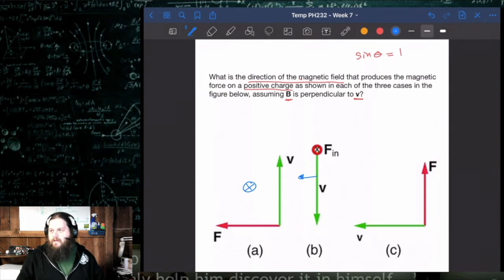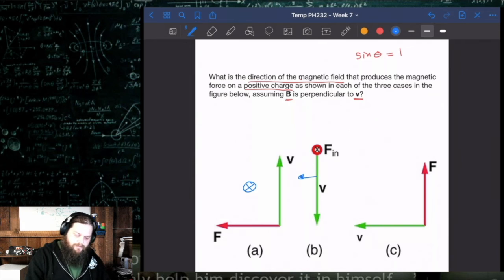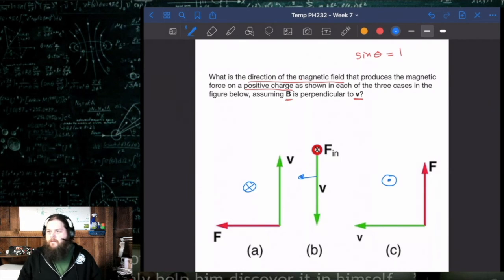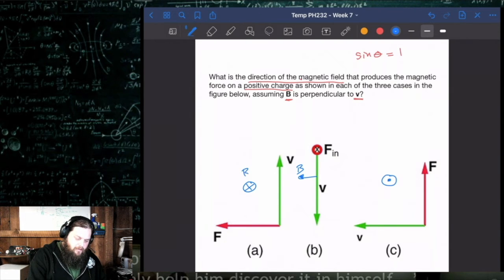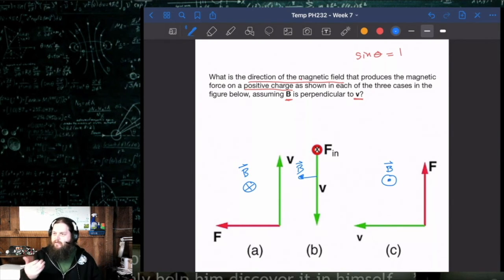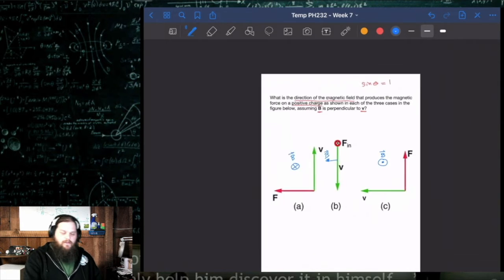The last one, putting my thumb in the direction of force, my hand in the direction of velocity. Again, camera's mirrored. When I curl my fingers, I'm coming out of the page. So this is the magnetic field for each of these, using the right-hand rule to solve for those directions.